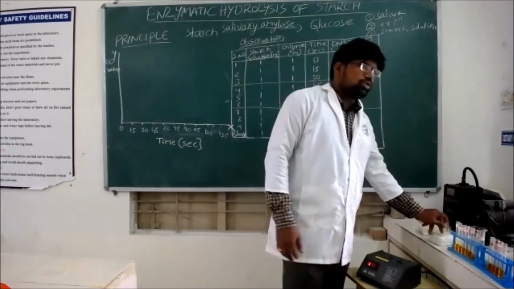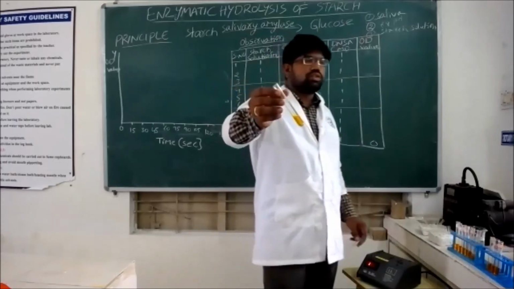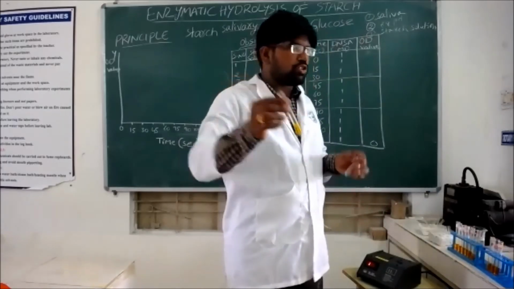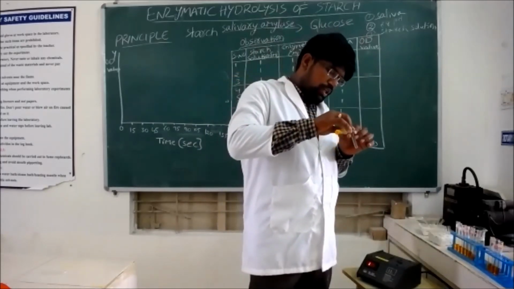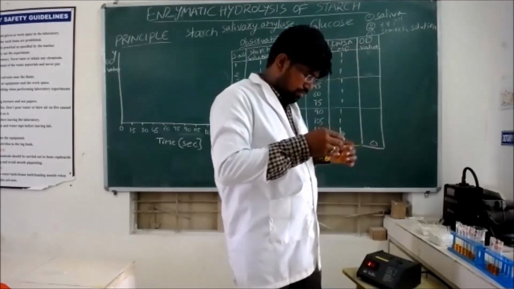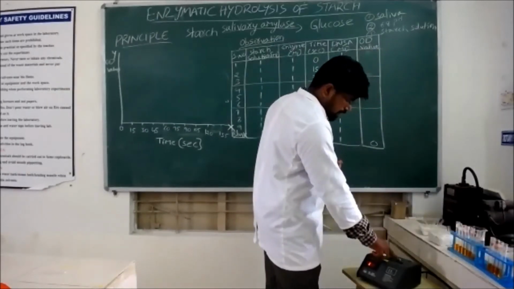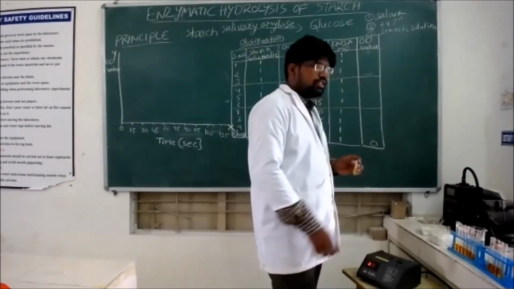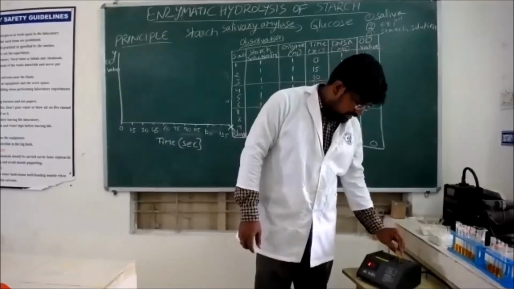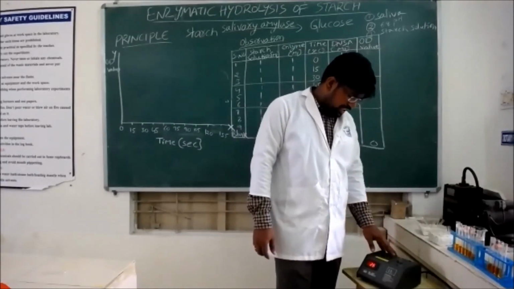First, auto zero the instrument with the blank. So this is the blank solution. By using this blank, auto zero the instrument at 540 nanometers. First set the wavelength to 540 nanometers, then keep the blank and adjust the reading to 0.